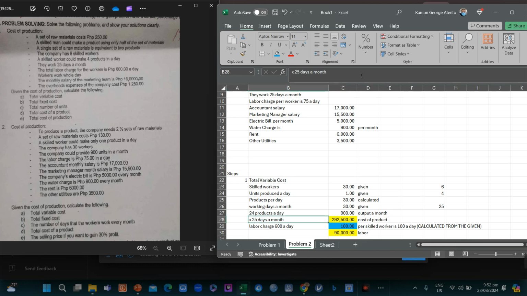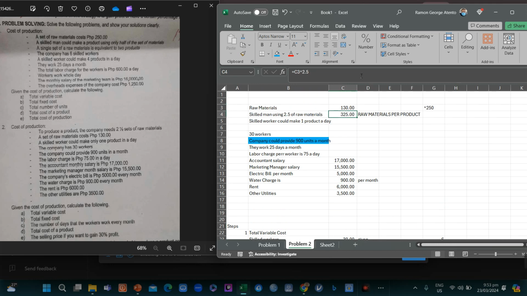25 days a month, so 24 products a day. This is not important anymore. This is assumed given. I'm just assuming it, okay? So the cost of the product would be, is it correct? 900, because you have 900 in a month, multiplied by the 325.